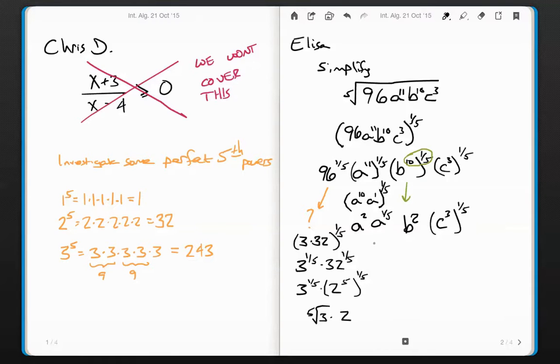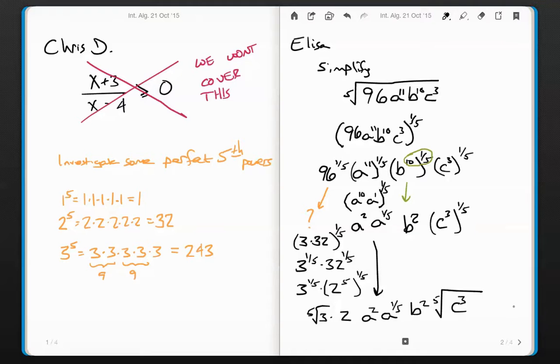And then all this stuff comes down here: a squared, a to the 1/5, b squared, and, well, that doesn't really do much good, so I'm going to write that as the 5th root of c cubed.